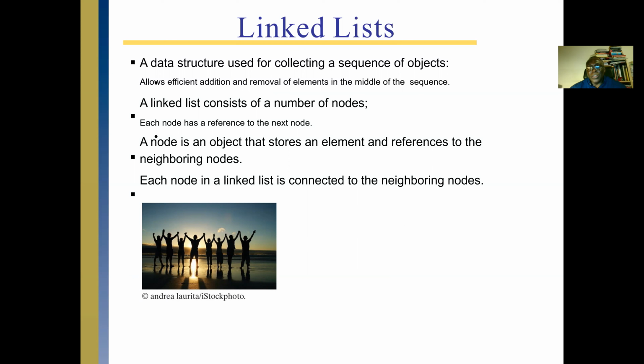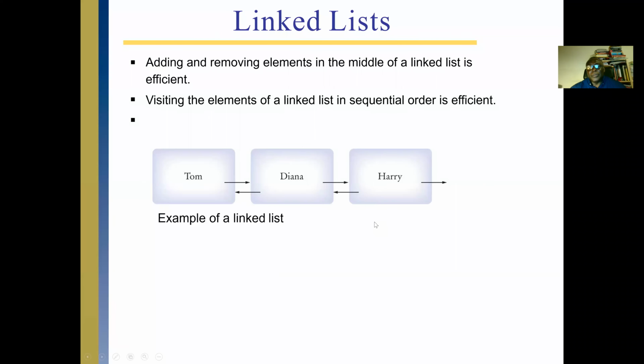If one node is pointing to another node, it has to have the address of that node. When I say address, I mean the memory address. So a node is an object that stores an element and the references to the neighboring nodes. References means the address.